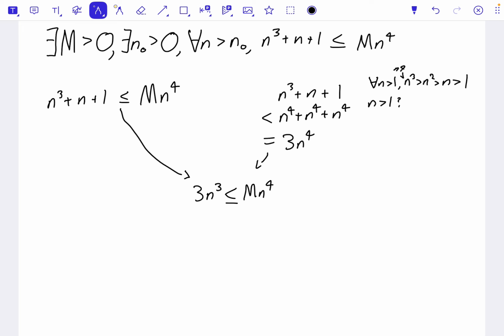And it continues to be true when you add those up. We get 3n to the 4. And then we could just cancel out those two n terms. So we have m has to be greater than or equal to 3, and n has to be strictly greater than 1.